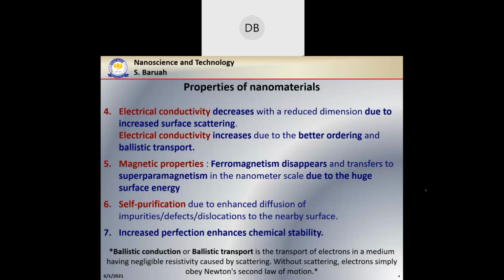Talking about the magnetic properties, ferromagnetism disappears. Now, ferromagnetism, basically, you know what is magnetism, all right? If I say a magnetic material, then I mean that it is already a natural magnet.